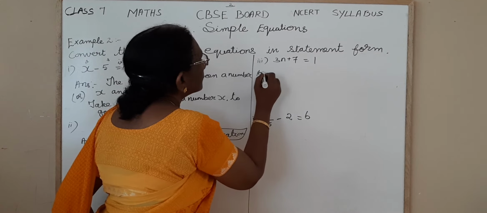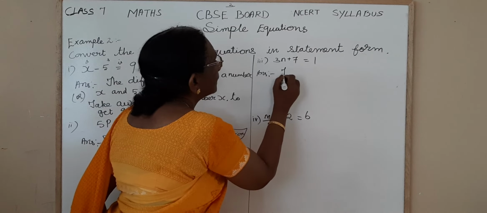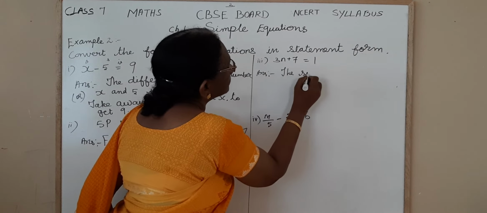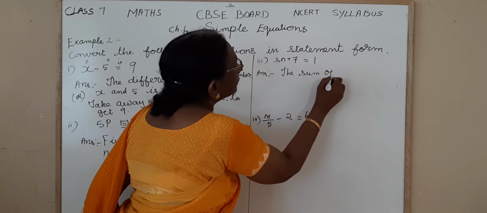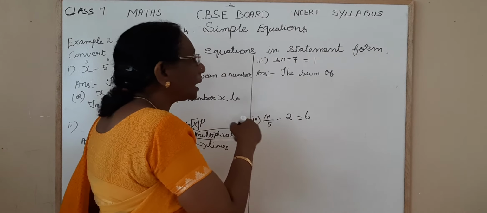So, what is the answer? Here it is an addition operation, so you start with the words the sum of. Which two numbers are we adding? 3n and 7.